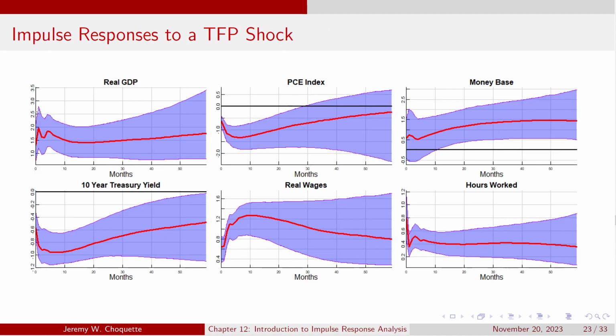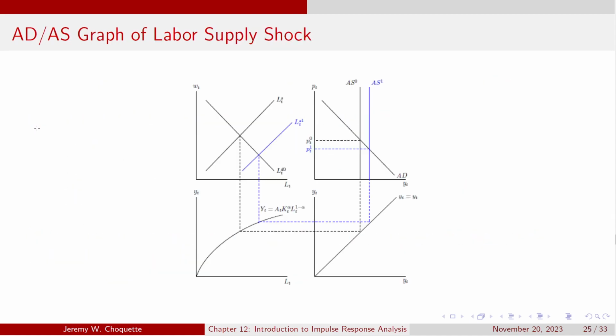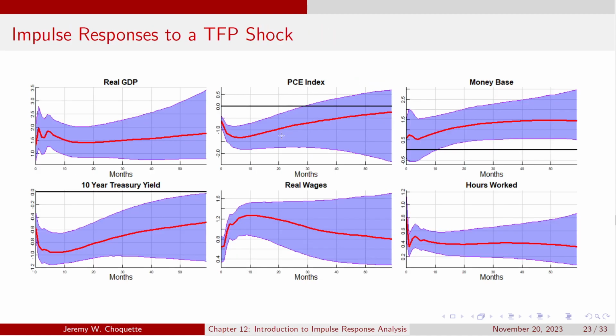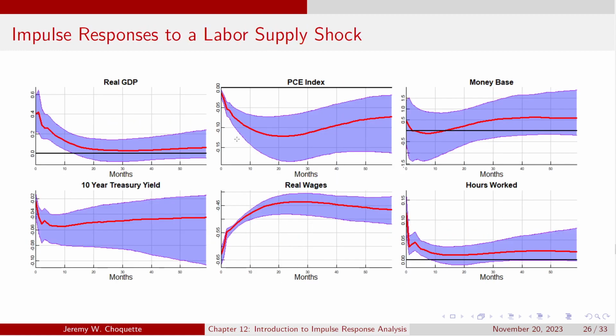Let's look at real GDP. A 2 percentage point increase in real GDP in response to a total factor productivity shock, and a 0.4 percentage point increase in real GDP in response to a labor supply shock. Prices: here, more than a 1 percentage point below 0.